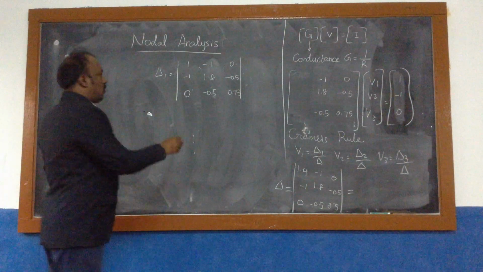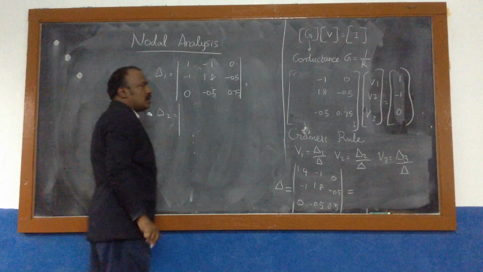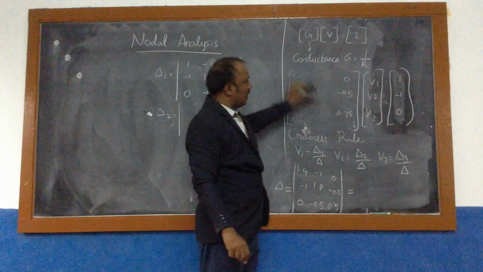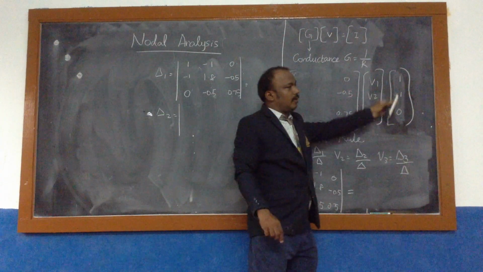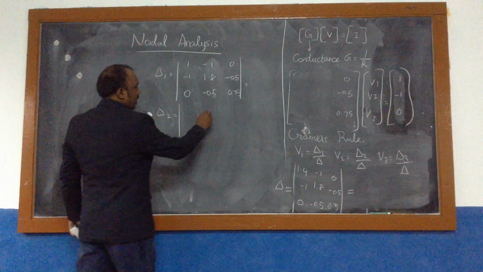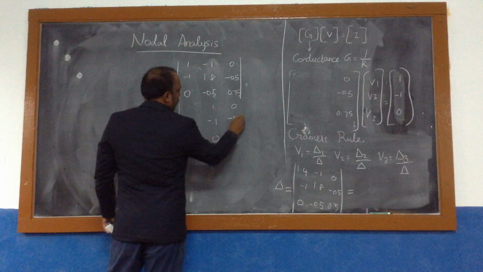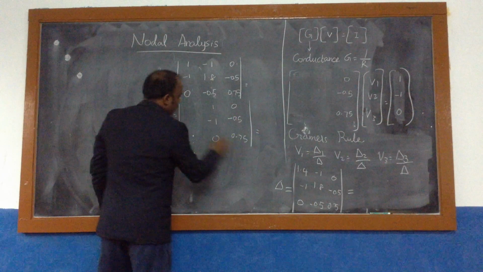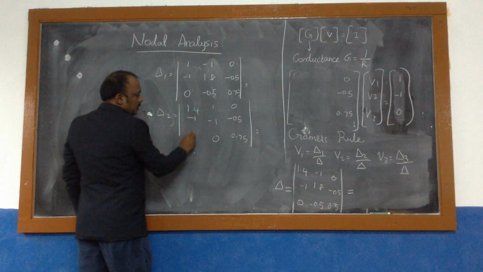Similarly, find the other values. What is del 2 now? I am going to remove all the second column and replace the second column by your current matrix value. What are the current values? 1, -1, 0. First column already we have 1.4, -1, 0.